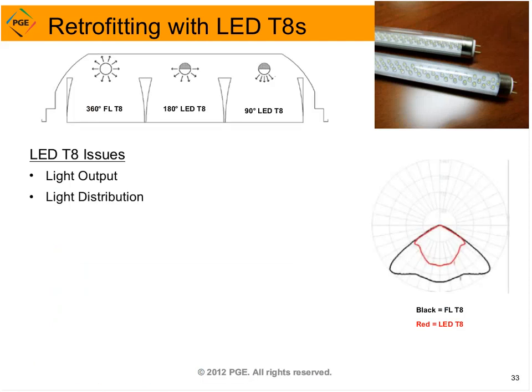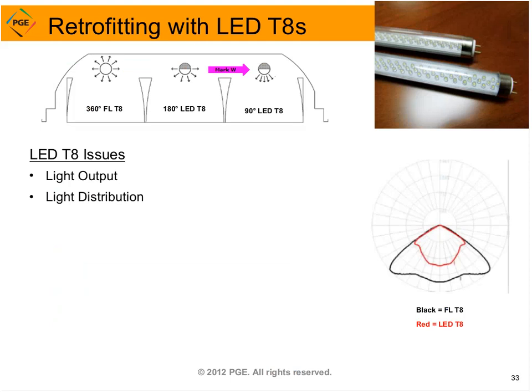The light distribution is going to be different with LED T8s. Your fluorescent T8s have 360-degree light output, where the LED T8 only emits light out of the bottom. It can be as high as 180 degrees, and some of them are 90 degrees.